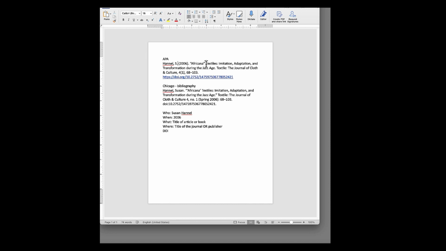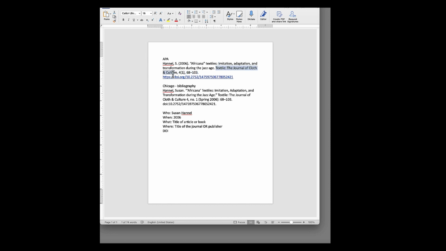APA says capitalize only the first letters of the title. So we're going to uncapitalize these. Notice it's the first letter of this part and the first letter of this part that are capitalized.